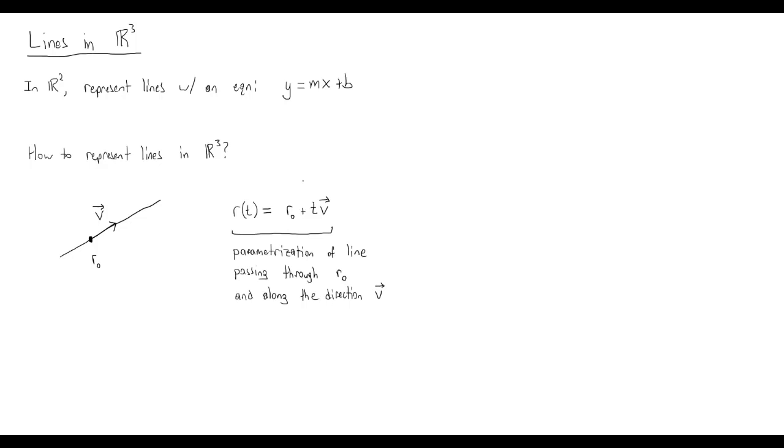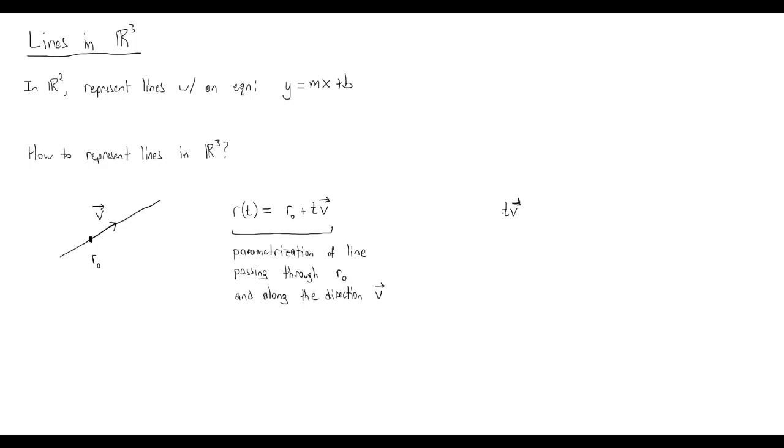Okay. And as for how this parametrization works, the way that I like to think about it is we know that when we take a vector v and we multiply it by a scalar, all that does is it stretches the vector or shrinks it and possibly reverses the direction. So if you consider all scalar multiples of some vector v, that is essentially going to give you a line that is along the direction of the vector v.